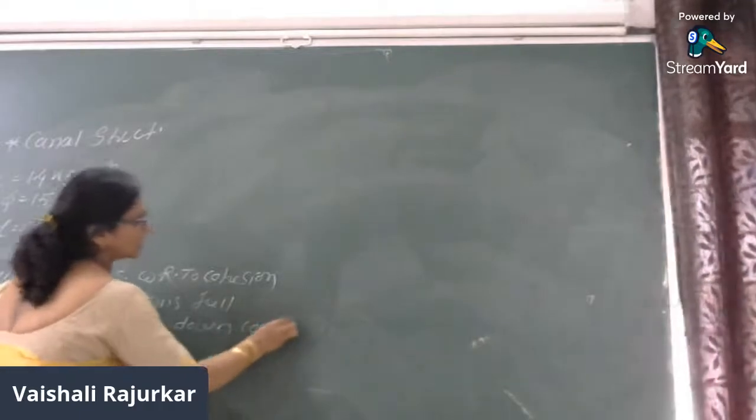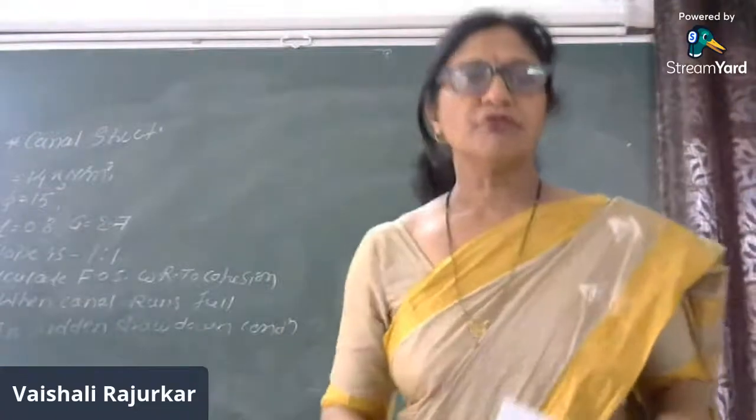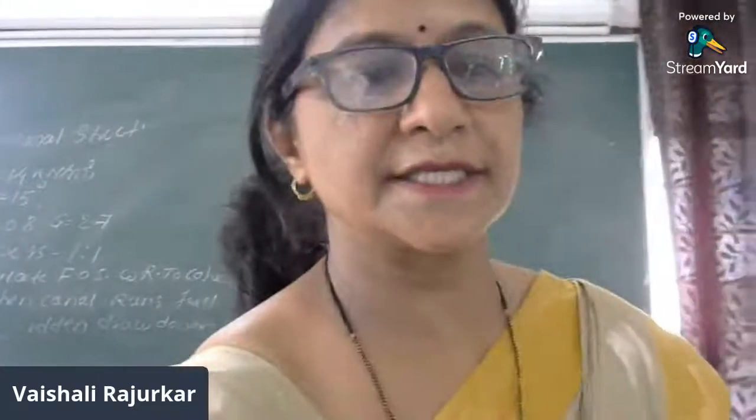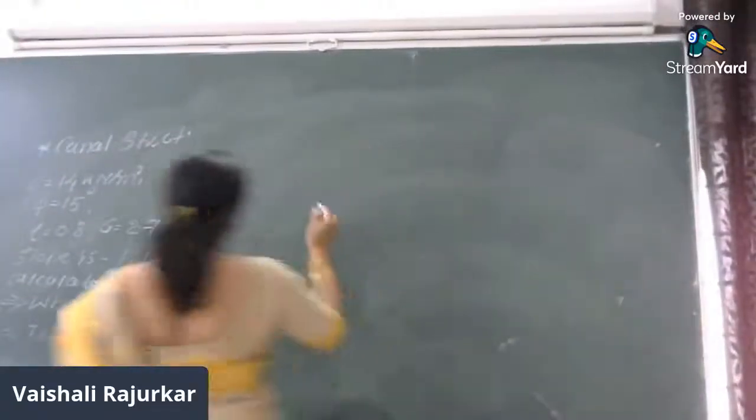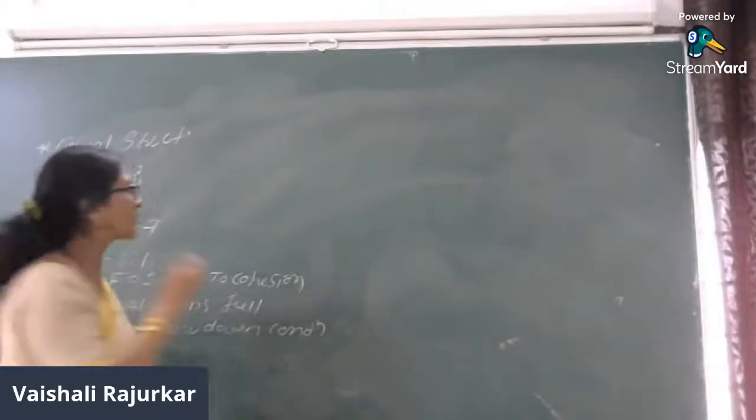Always remember that these two conditions are the worst conditions considered, where the canal is completely in a full condition and the other is in a completely sudden drawdown condition.